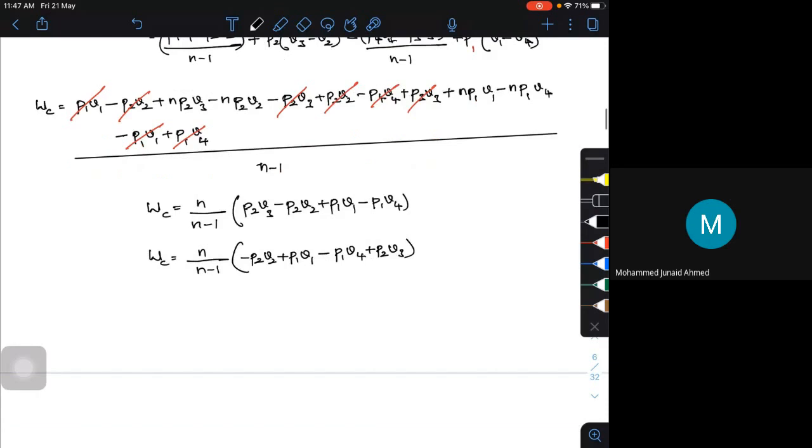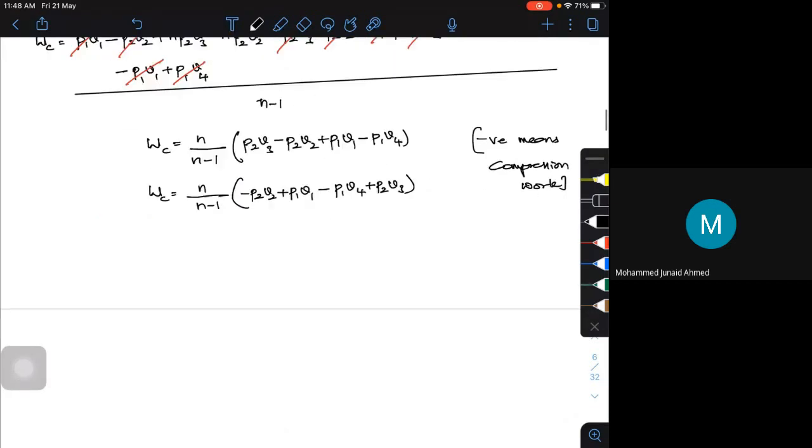So see, the negative term represents a compression work. Okay, negative here means it's a compression work. So I can take the minus outside. If I take minus outside, what will happen?